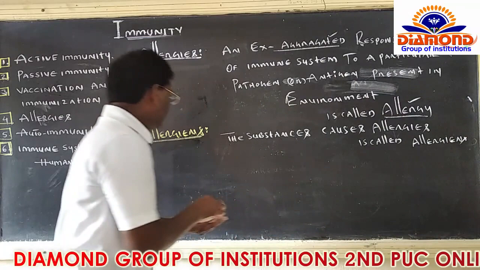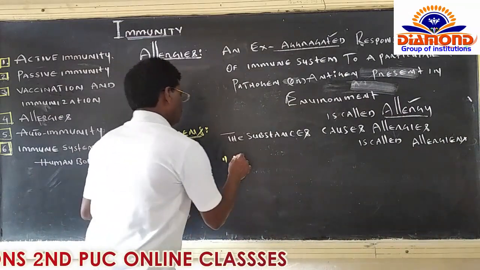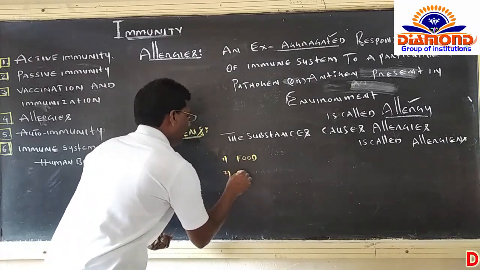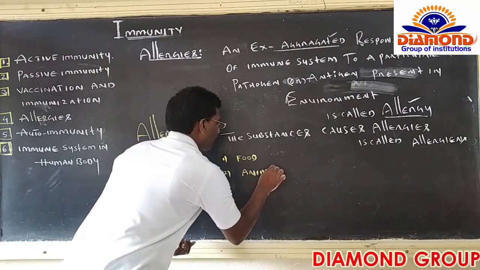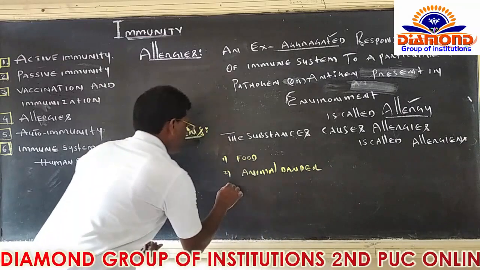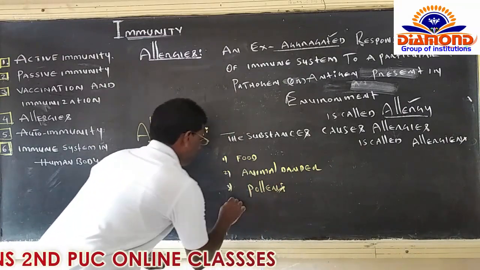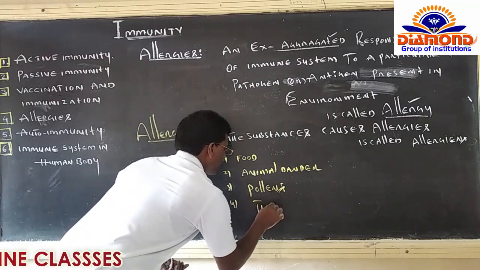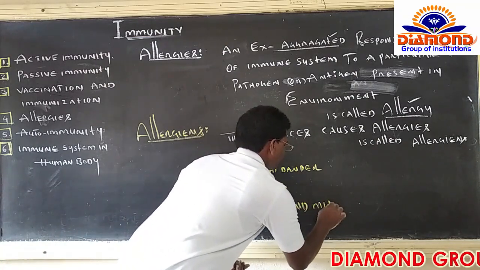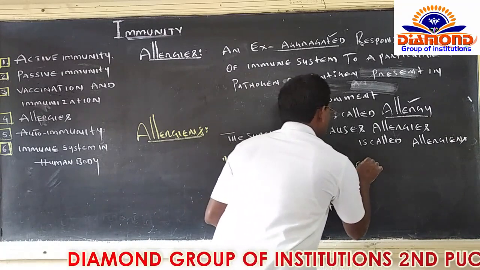The best examples for allergens: number one is food material, number two is animal dander, number three is pollens, number four is ticks and mites, number five is chemical substances.